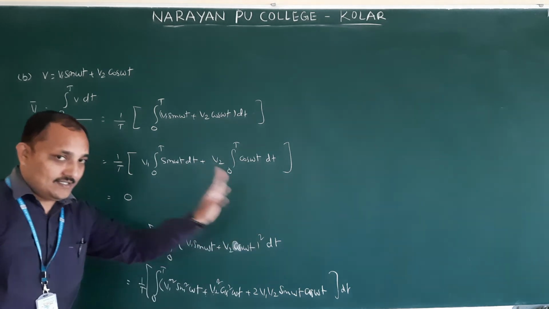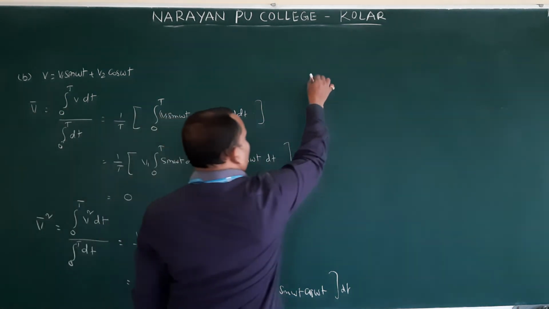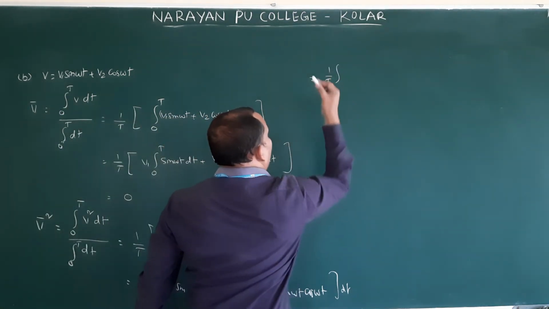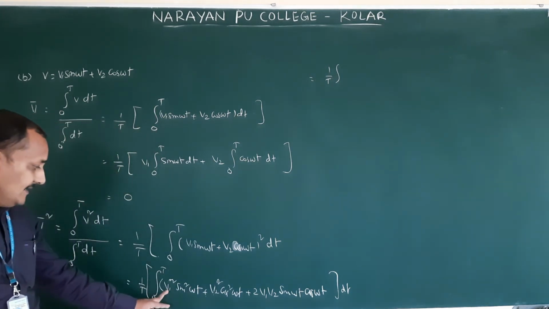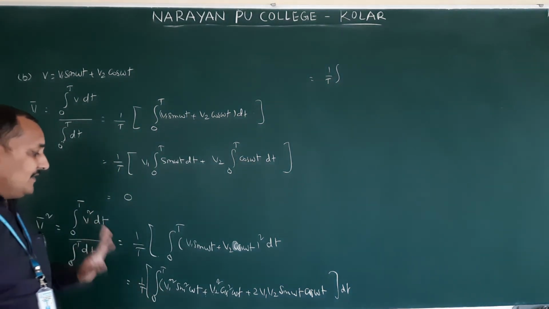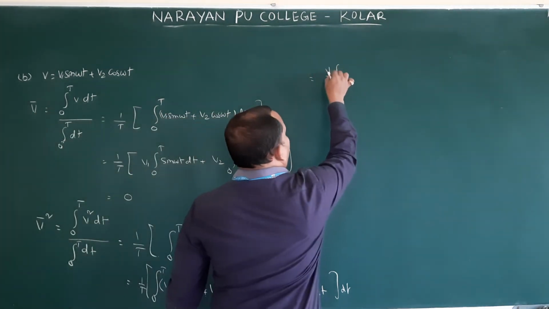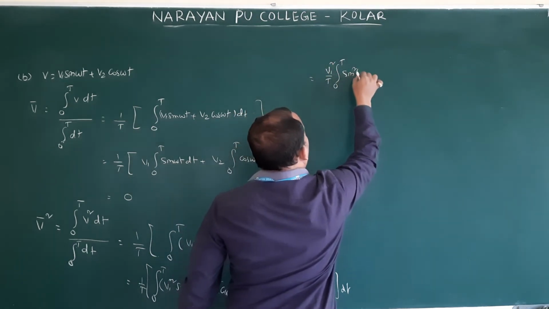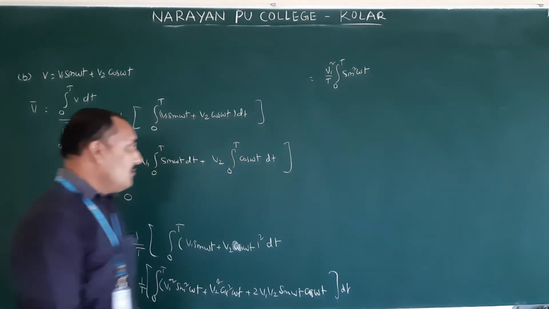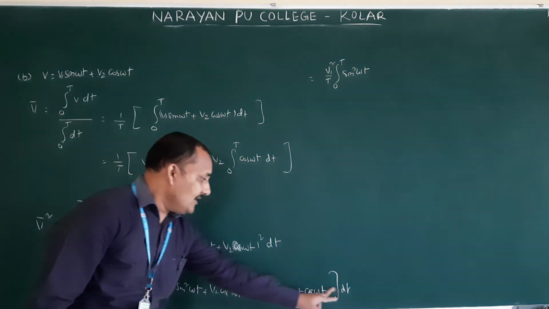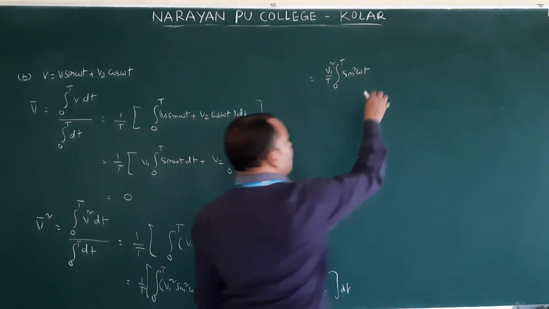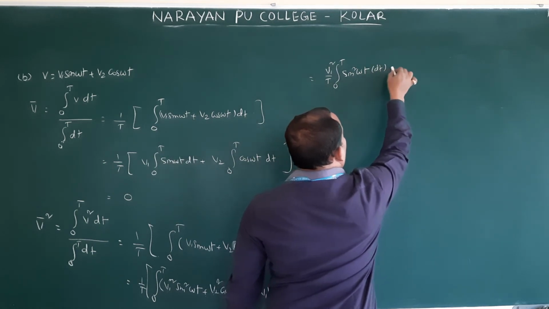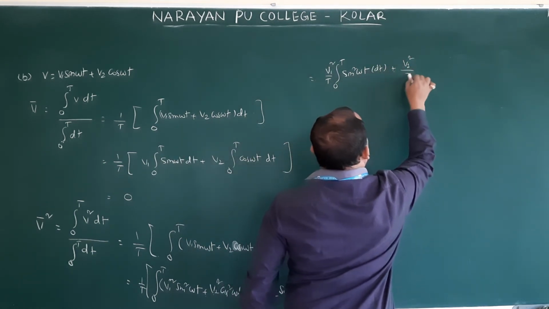Now expand this. 1 by t, this V1 square you can write outside if you want. Therefore V1 square integral 0 to t of sin square omega t, and this dt you have to multiply here. You are doing big integration problems in mathematics compared to that; this is a simple problem.